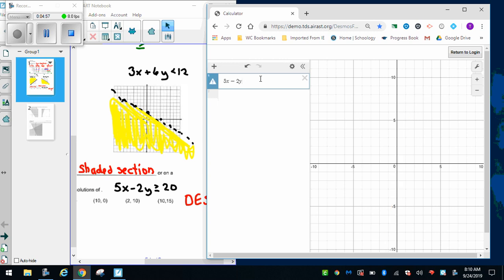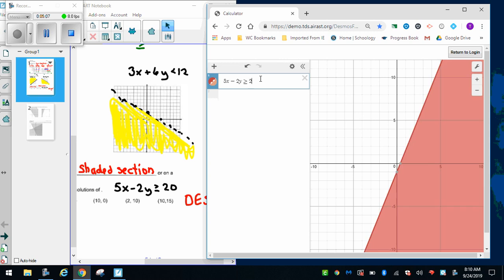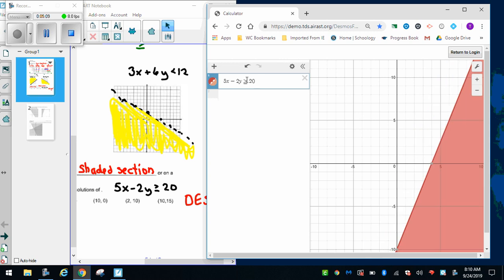To do the greater than or equal to sign, I'm going to hit the shift button, the greater than sign, and then an equal sign after it. And it's 20. Just putting that greater than or equal sign in alone does the shading for me. So again, we're checking to see if these points are solutions.